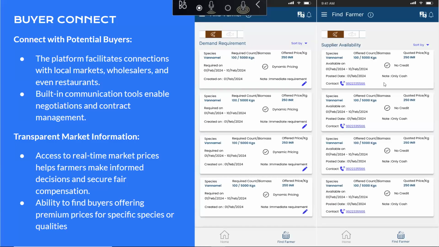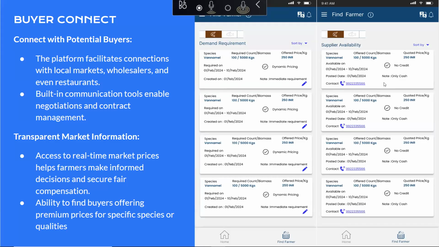So all the buyers, typically exporters and processors, who are also registered with our platform, can view this. They can look which farmer is going to harvest in the upcoming 10 to 15 days. If they have a requirement, they can directly contact them, make a deal, and do the purchase.